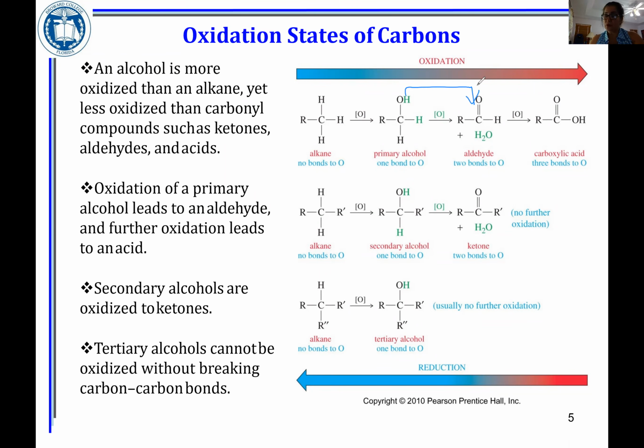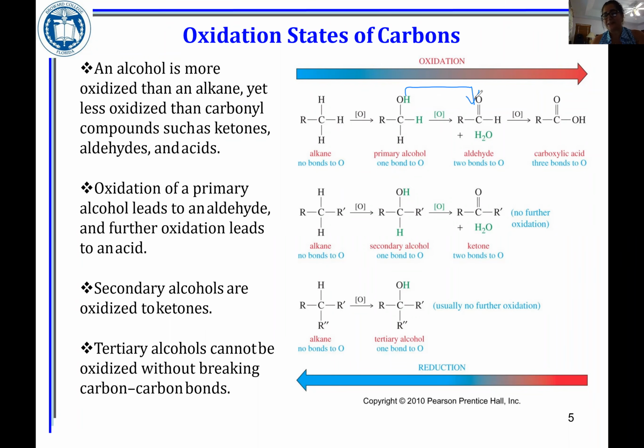What would you do to make sure the alcohol is oxidized but stops at aldehyde and does not go to carboxylic acid? How should you modify the reaction mixture to stop at the aldehyde step? I'll give you a hint. Should I use a strong oxidizing agent or a weak oxidizing agent? Weak oxidizing agent. Very good.